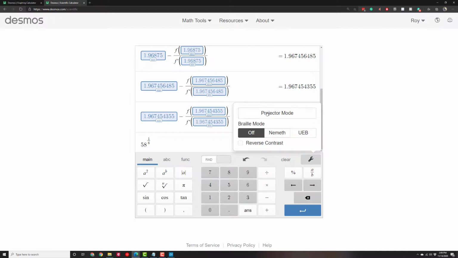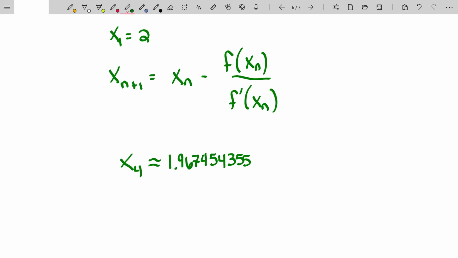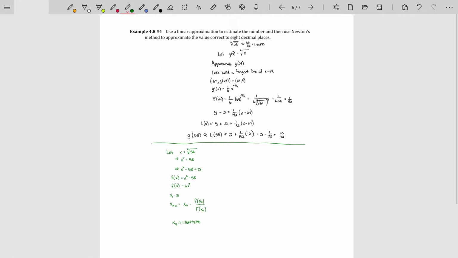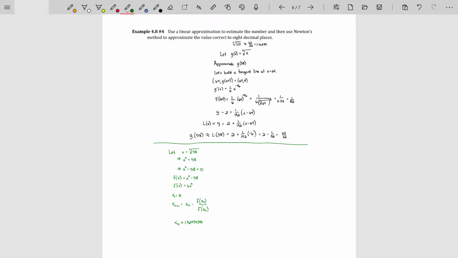I was seeing if you can increase the number of digits here, but you can't. But in any case, there we go. We have that great approximation. And it is much better and actually much faster than using linearization. And that's why I like to teach this topic. It's such an easy topic to teach, a really fun topic for students, very easy and very applicable.